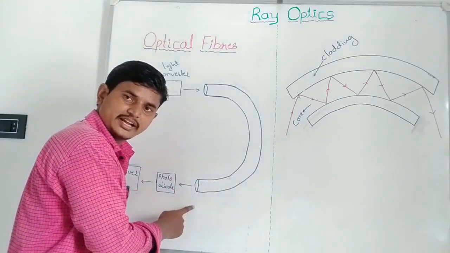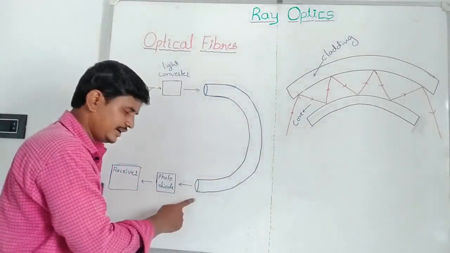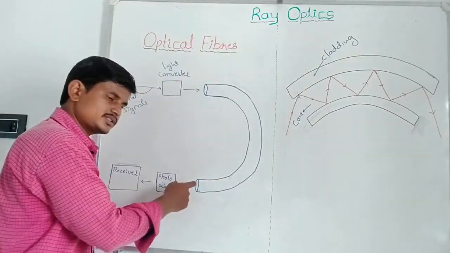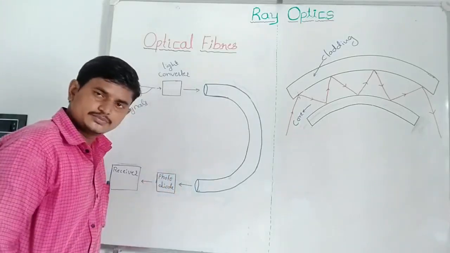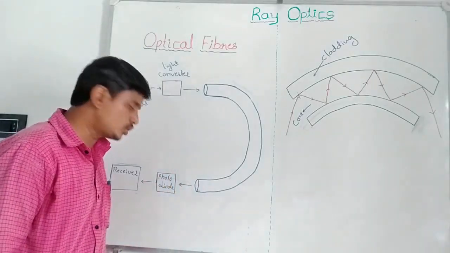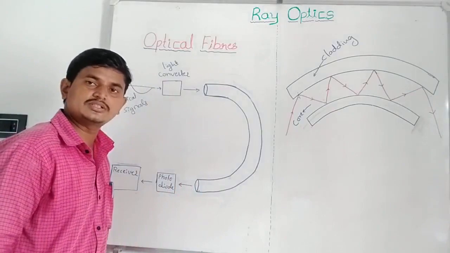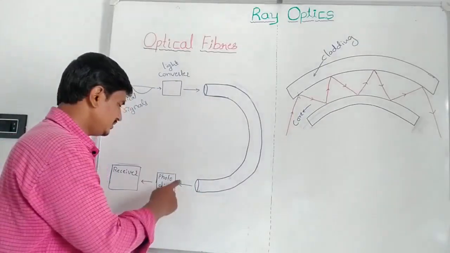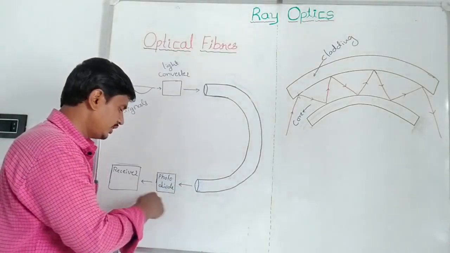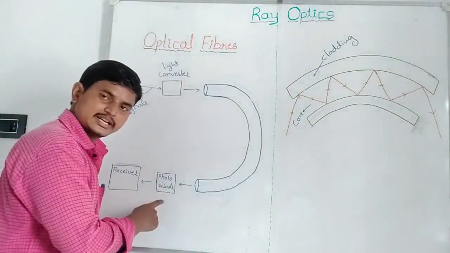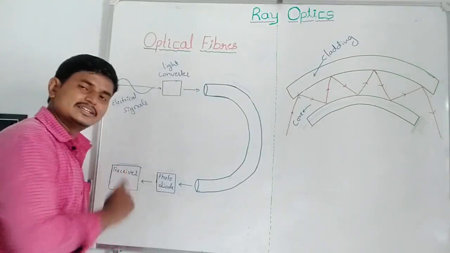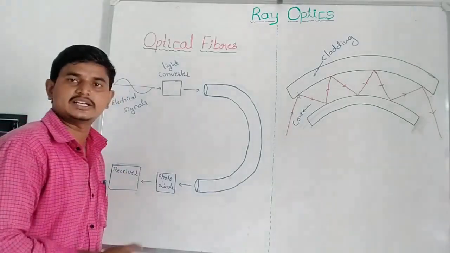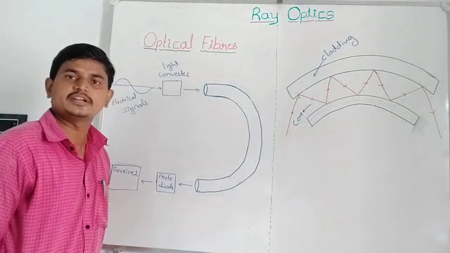The ray of light emerging from the other end passes through the photodiode. The photodiode is a diode which converts a light signal into electrical signals. Those electrical signals are received by the receiver, and then converted again into information.